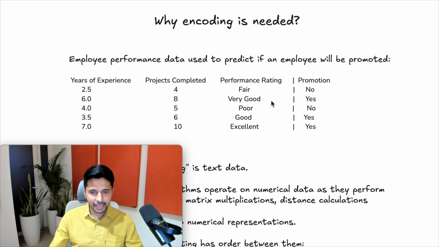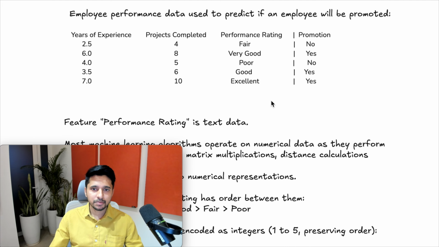What we need to understand first is that the performance rating column is text data, in string format, as you can see: fair, very good, poor, good, excellent.